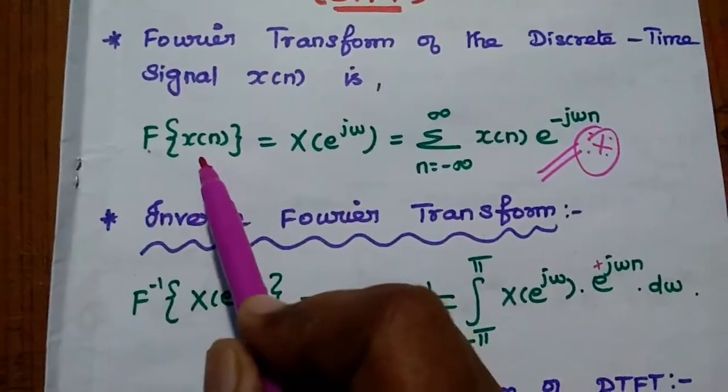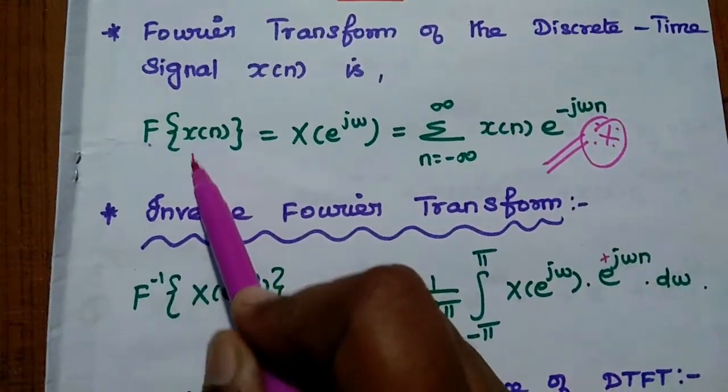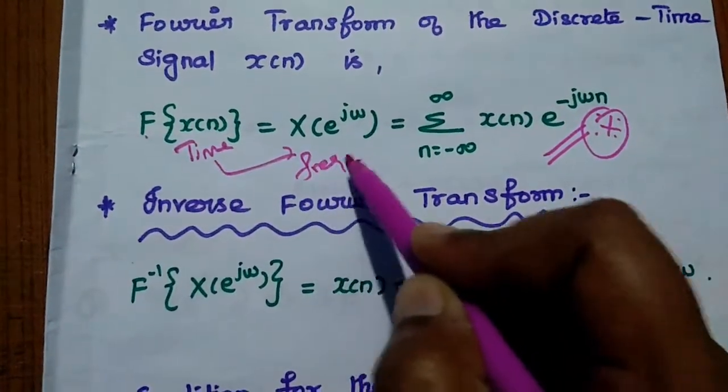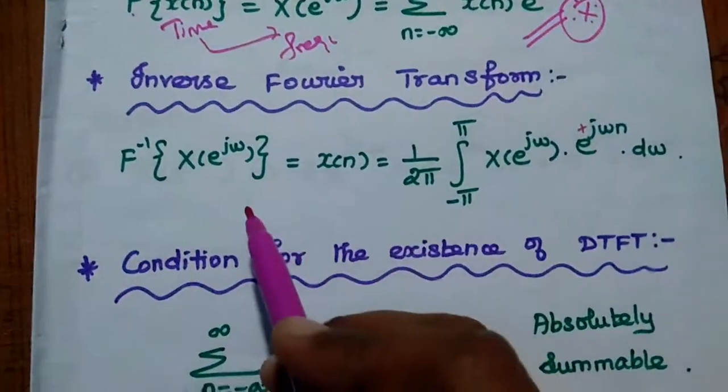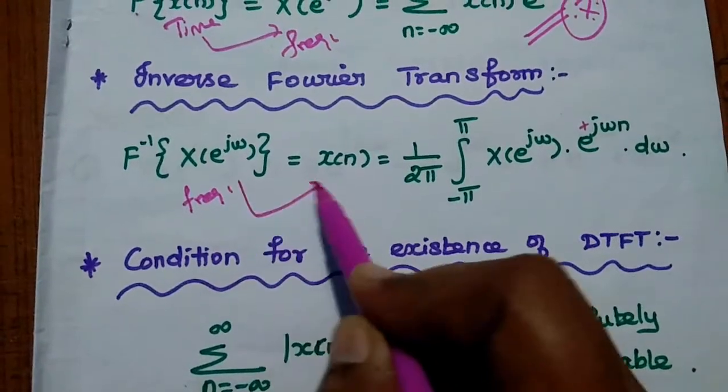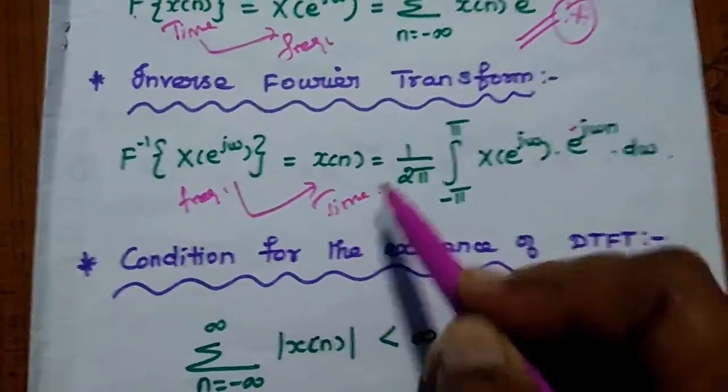So here Fourier transform is mainly used to convert the time domain signal into frequency domain signal. Okay. So inverse Fourier transform is used to convert the frequency domain signal into time domain signal.